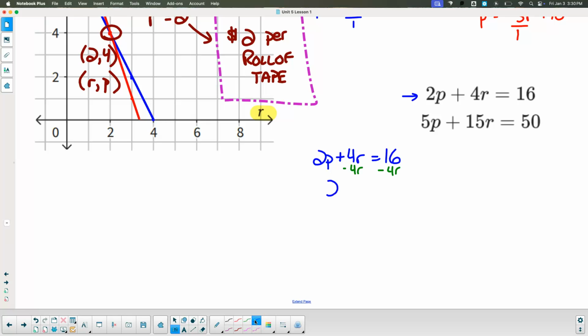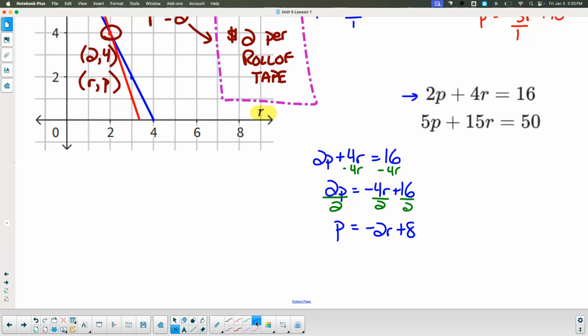That would give me 2P equals negative 4R plus 16, and I would divide everything by 2. That gives me P equals negative 2R plus 8.